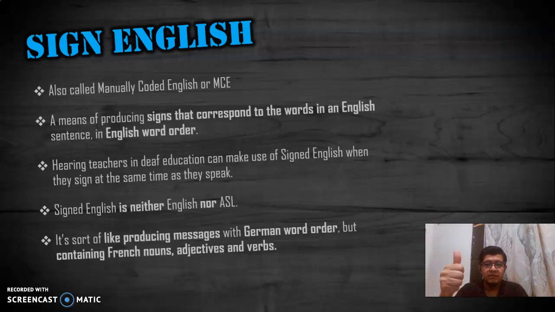But sign English is not the same as the English sign language. Sign English means that we use some expressions or some symbols in order for us to communicate.